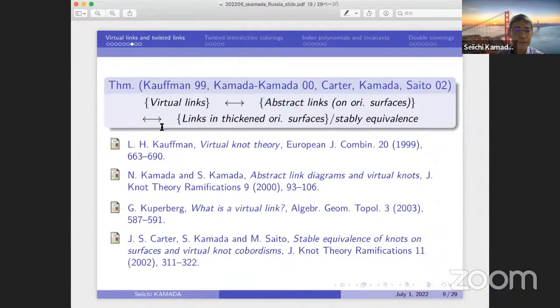There is also a one-to-one correspondence with links in thickened oriented surfaces, modulo stable equivalence. These are real links in a three-manifold which is a thickened surface, but we need stable equivalence.